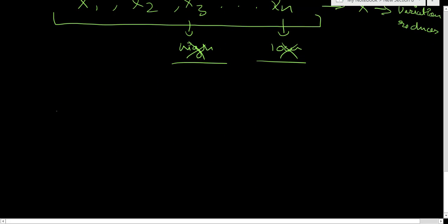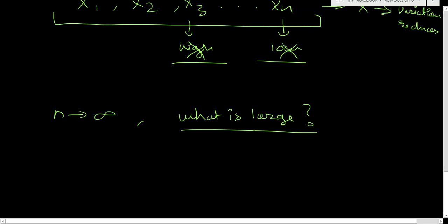Now this all happens when n tends to infinity, that is for a very large sample. Now you will ask me, what is large? This is a very relative question. I cannot tell you what exactly is large. In statistics, we usually follow the practice of calling a sample large when it is greater than or equal to 30.